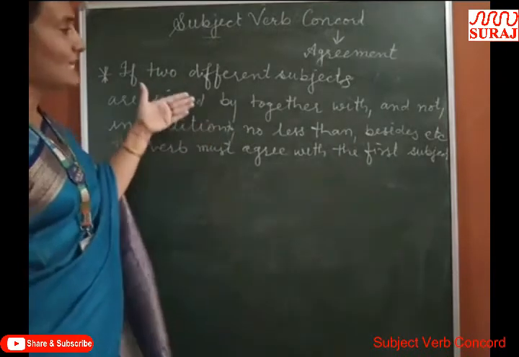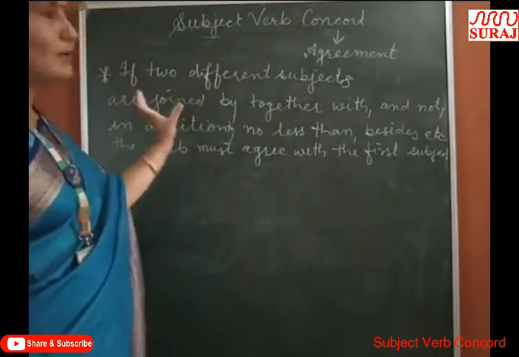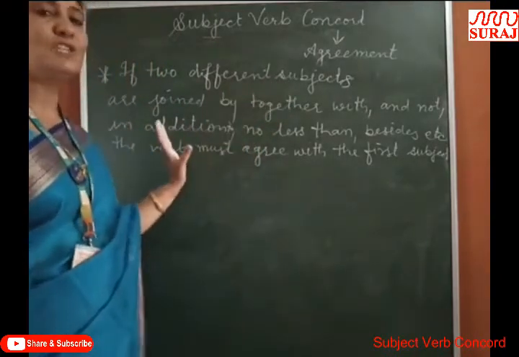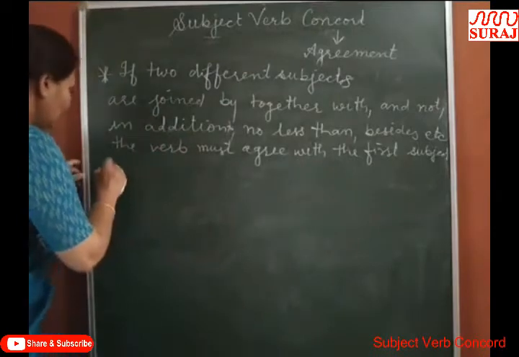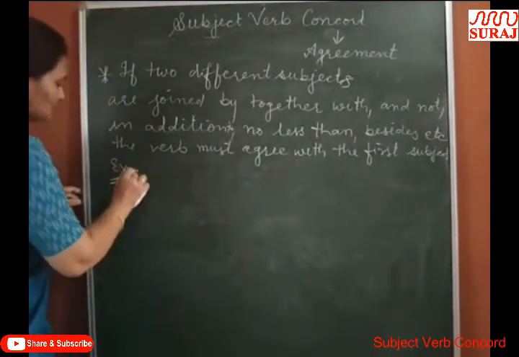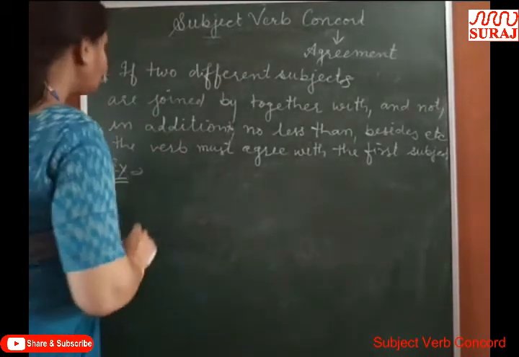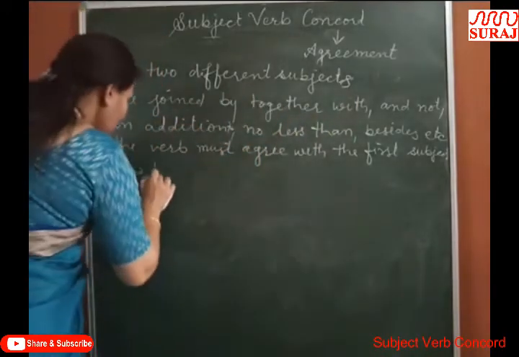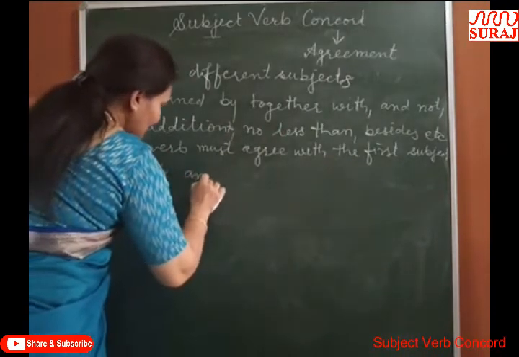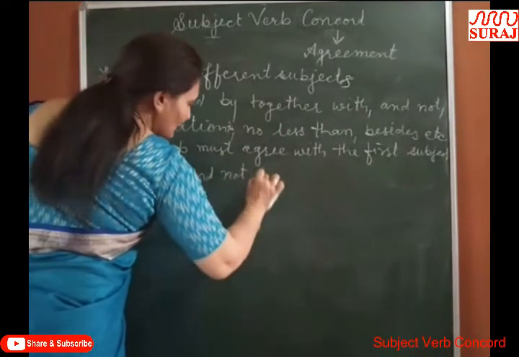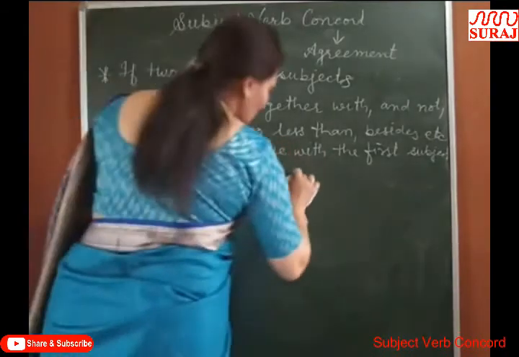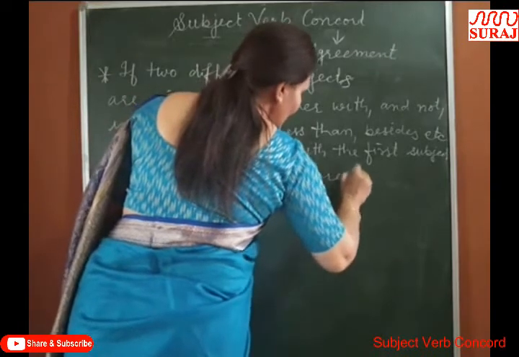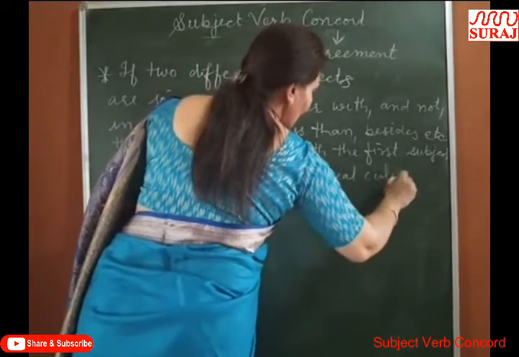But here I am saying that if two different subjects are joined by together with, and not, in addition to, no less than, besides, etc., the verb must agree with the first subject. In this, the verb will agree with the first subject. In the last rule I told you that the verb agrees with the later subject, but here it will agree with the first subject.